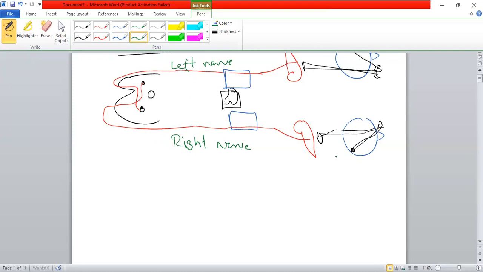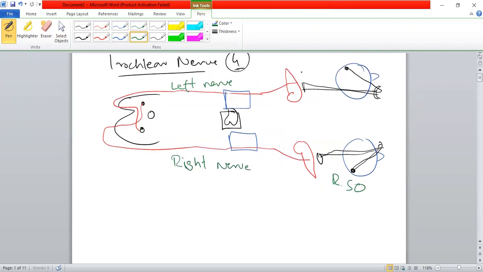You will say the right superior oblique muscle will be affected, not the left one. And if they ask you your left nerve is affected, which muscle will be affected? Because the left nerve supplies the left superior oblique, the left superior oblique will be having a problem.